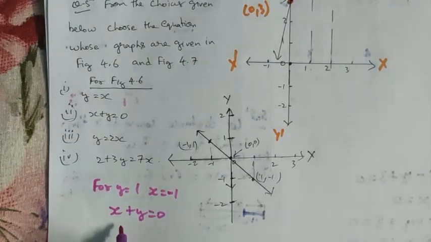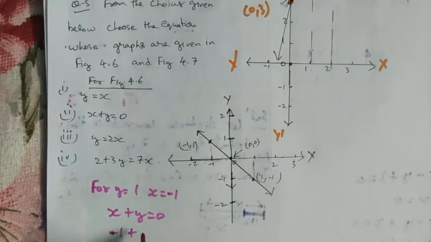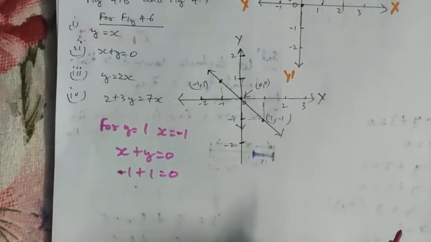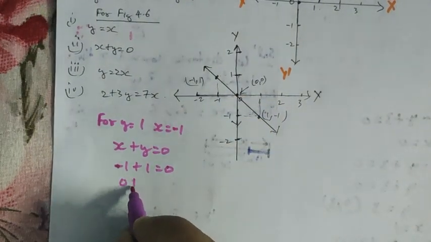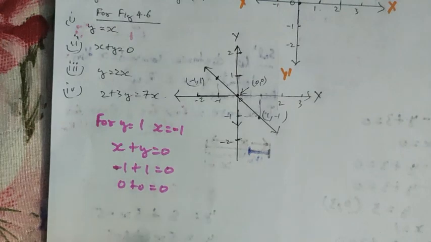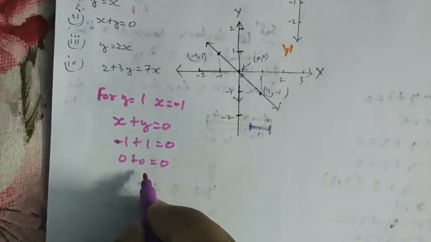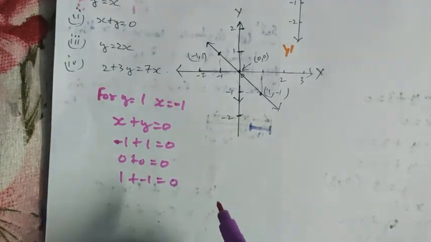That is x plus y equals 0. With x as -1 and y as +1, it equals 0, so this is satisfying. Now we check whether the second point is satisfying. 0 plus 0 equals 0, that is also satisfying. Third point, (1, -1): 1 plus -1 equals 0, that is also satisfying.